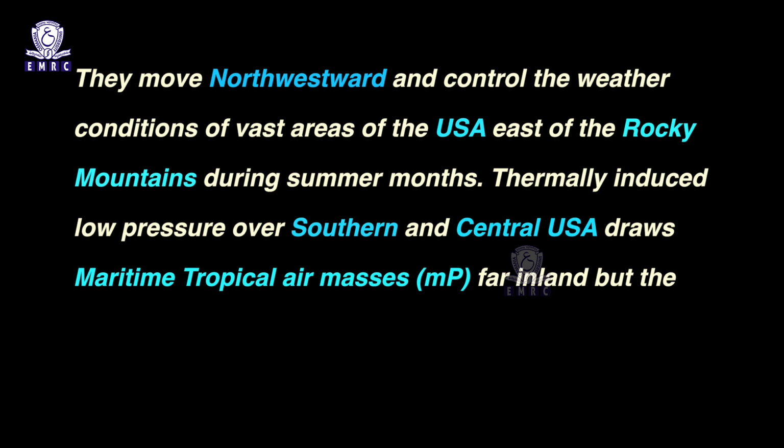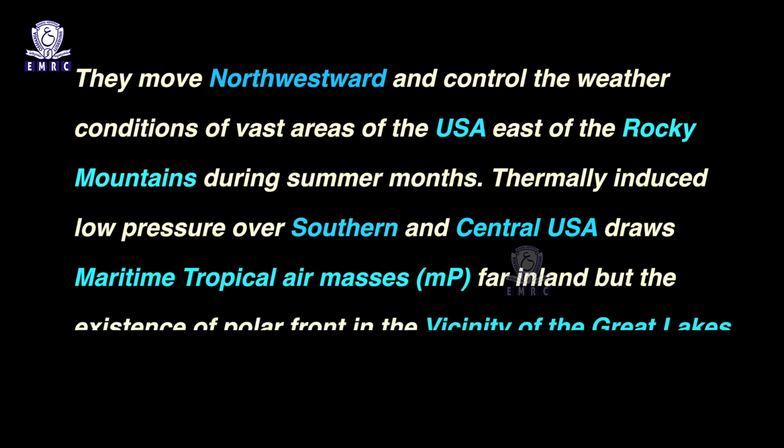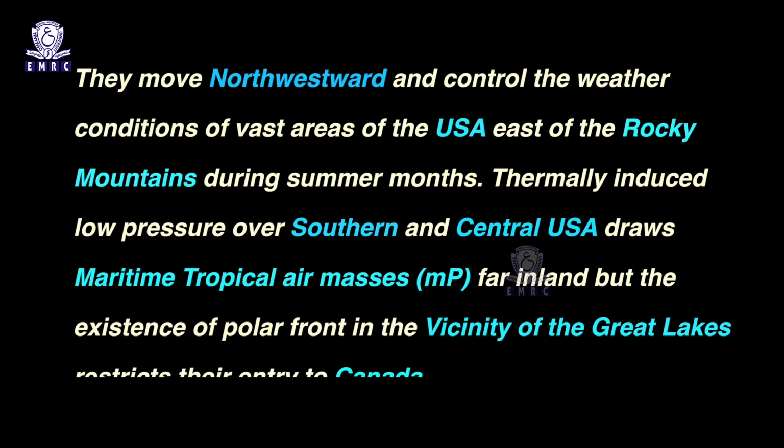Thermally induced low pressure over the southern and central United States draws maritime tropical air masses far inland, but the existence of the polar front in the vicinity of the Great Lakes restricts their entry to Canada. Since temperature and the moisture content in the air increases considerably due to the arrival of these air masses in central and the eastern United States, the weather becomes oppressive and unpleasant.